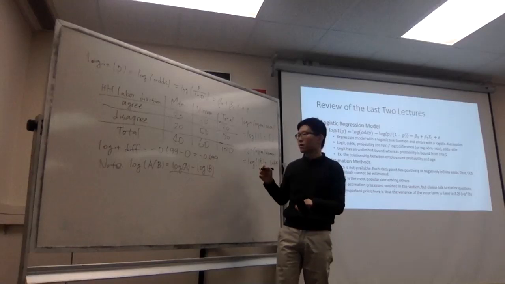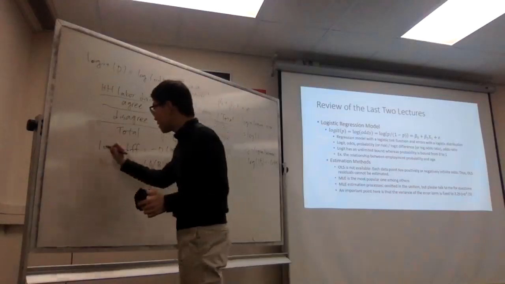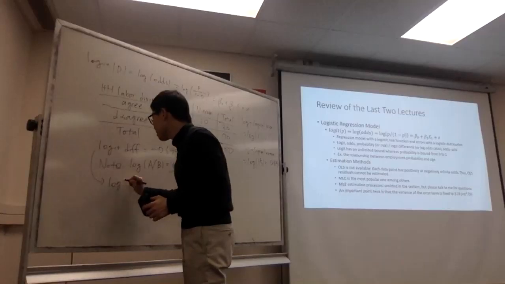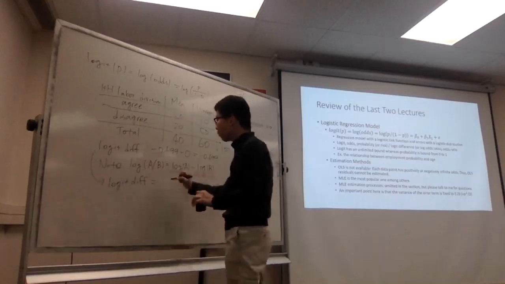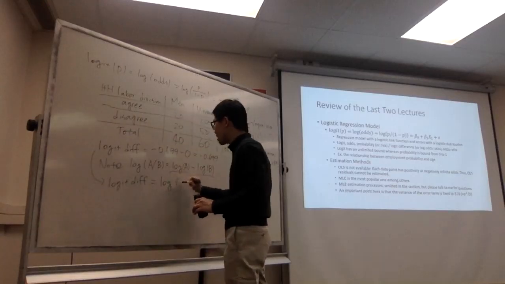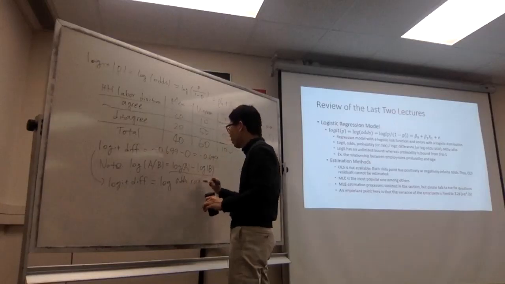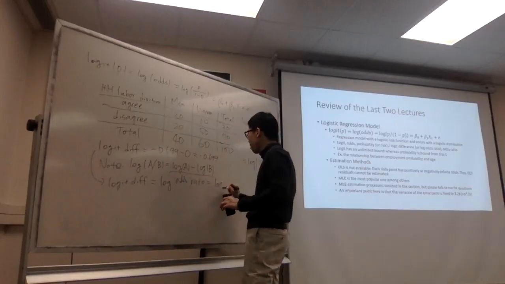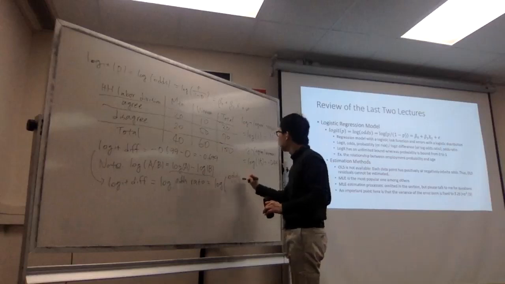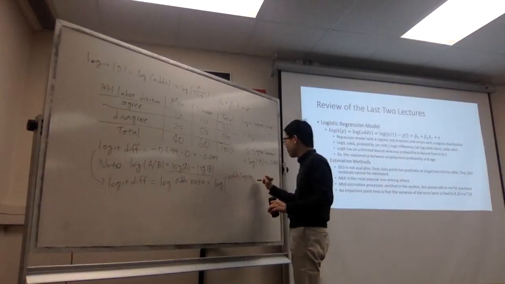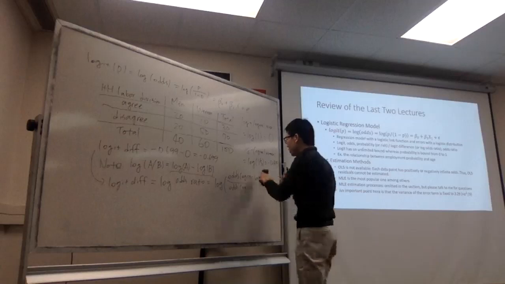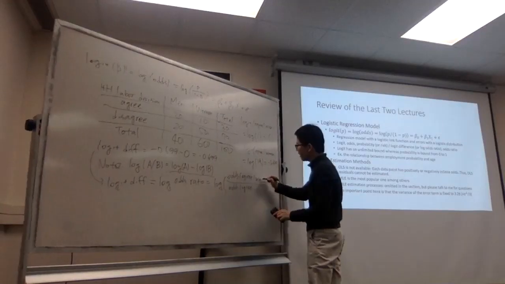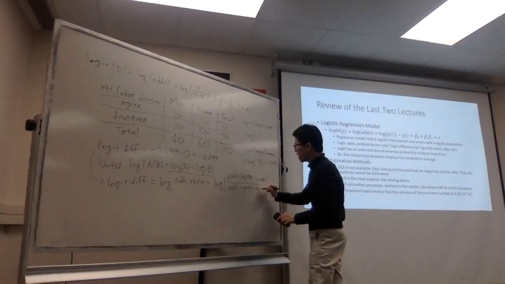If we apply that, then the logit difference is a synonym for the log odds ratio, the log of the odds of agreeing for women divided by the odds of agreeing for men.